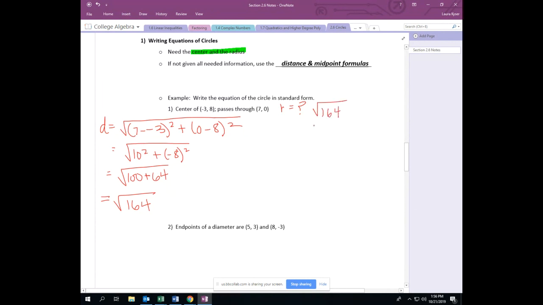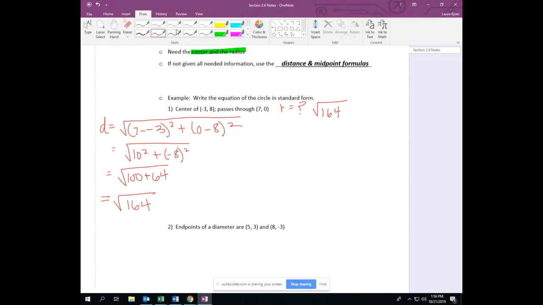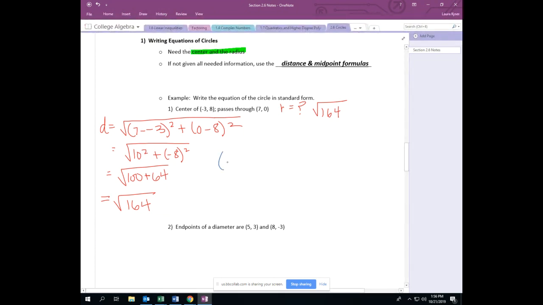Now, when we go to put this into the equation, it uses opposite signs on the center and squares the radius when we put it in. So when I go to do this, I have parentheses x. We don't use negative 3, we use plus 3, and squared, plus parenthesis y.